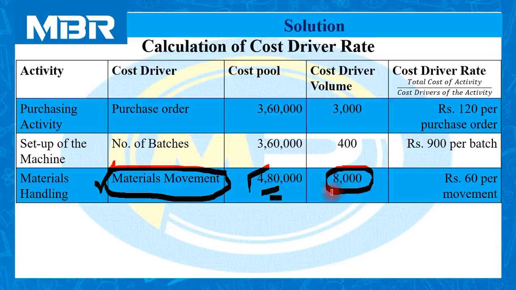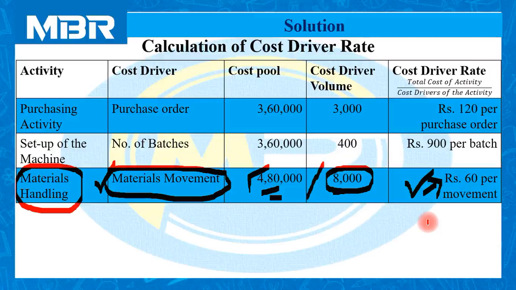So 4,80,000 divided by 8,000 movements is equal to rupees 60 per movement. It means expenses incurred on materials handling will be allocated per movement of material, and the rate is rupees 60.